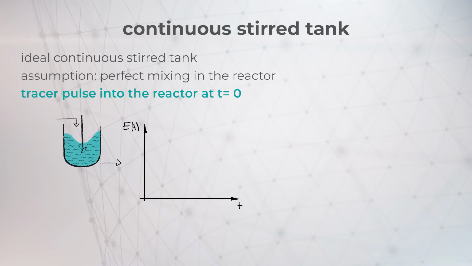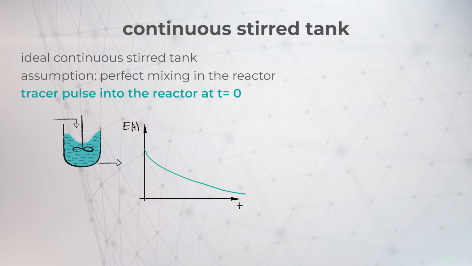Again, we have time on the x-axis and E of t on the y-axis. The exit age distribution looks very different from the plug flow reactor. The concentration in the flow at the outlet starts at a moderate level immediately and is slowly descending. Only after an infinite time period will all material have left the reactor.